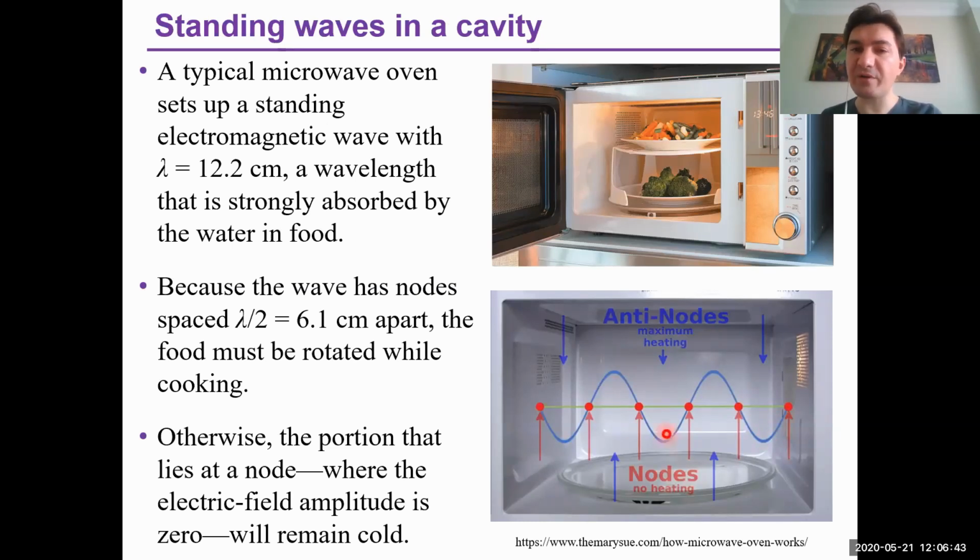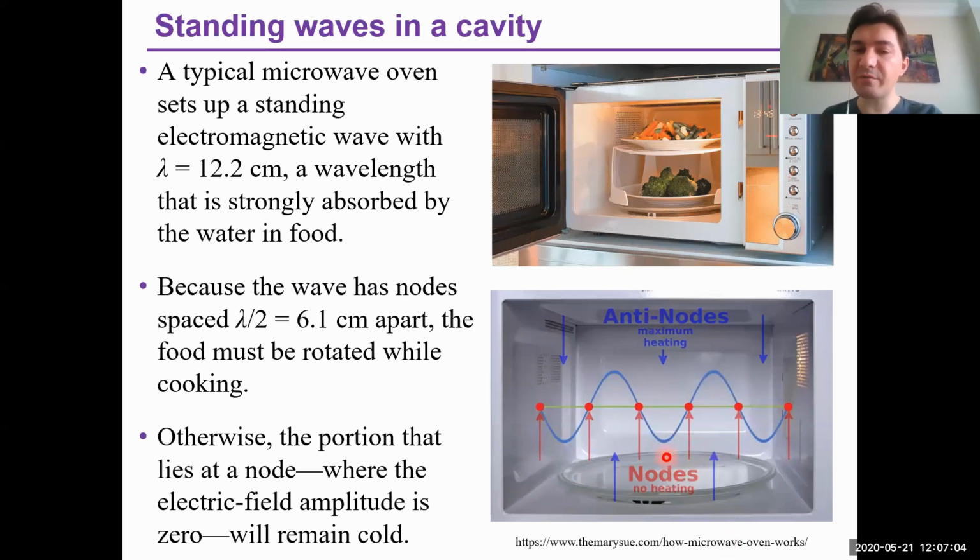So what happens if you put food into the microwave oven cavity? If you don't rotate the food, these parts will be cold and these parts of the food will be hot. Okay, so you will see lines on the food.